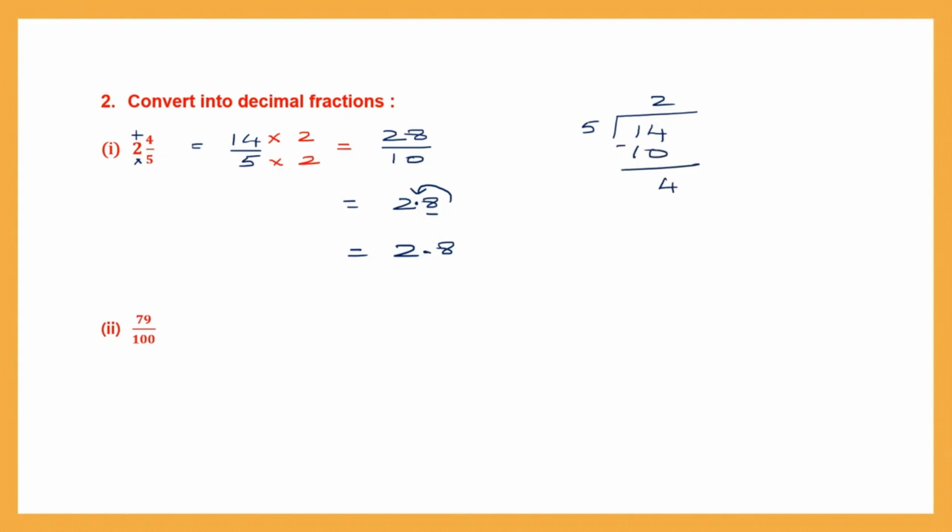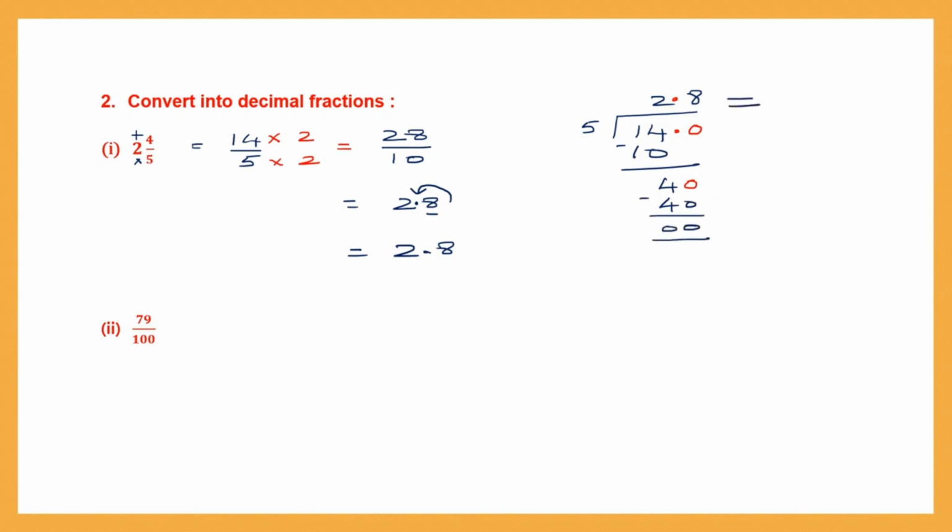Now how do I continue my division? To continue my division, I need to put a point here, and that same point I must carry it up. Now after I put a point, I can put any number of zeros to the right. So now I've put a 0, I'll bring it down. So what is my number now? 40. So 5 eights are 40. And my remainder is 0, so my division is over.